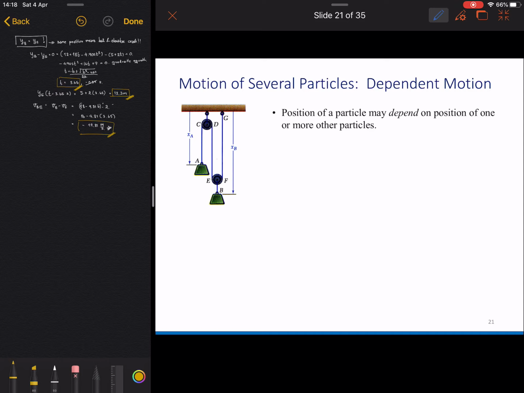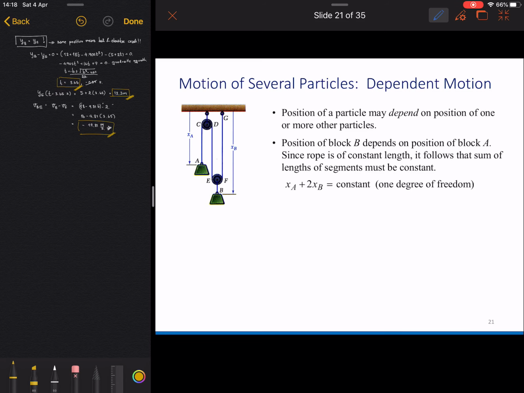topics. As I mentioned before, the dependent motions. So the position of a particle may depend on the position of one or more other particles. So this one is linked by this link, by the cable. Okay, and the position of block B depends on the position of block A, since the rope is of constant length.